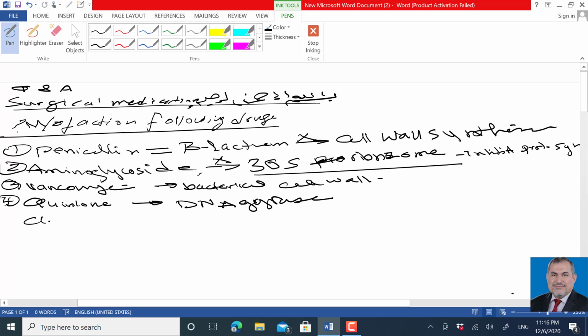Clindamycin. What type of antibiotic is it? It is a macrolide. Okay? Clindamycin is a macrolide. It inhibits the 50S bacterial ribosome subunit.